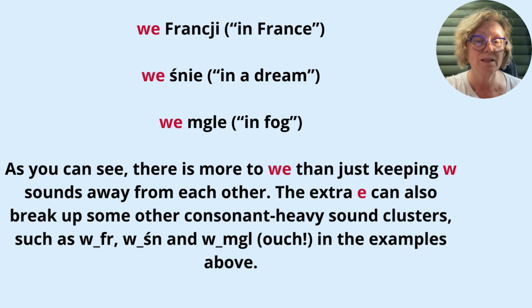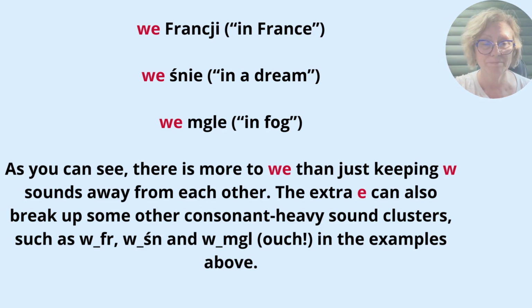As you can see, there is more to we than just keeping V sounds away from each other. The extra e can also break up some other consonant-heavy sound clusters, such as V fr, V śn, and V mgl. Ouch, in the examples above.